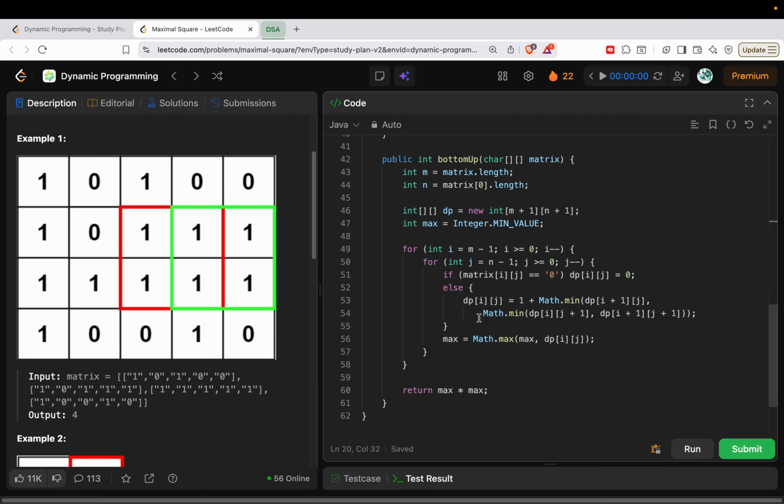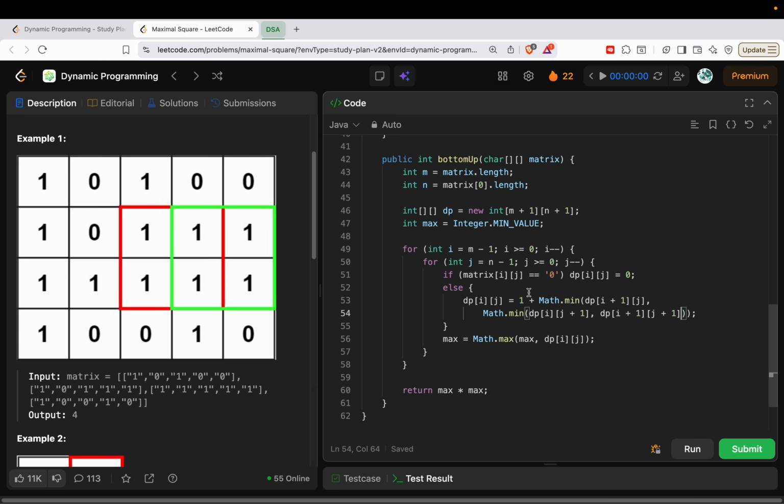Okay, if a particular cell contains value as 0, that means I cannot form a square keeping the particular grid as a top left corner. And if it is 1, that means I should get the answer from the right, bottom and diagonal. This is bottom, this is right, and this is diagonal.